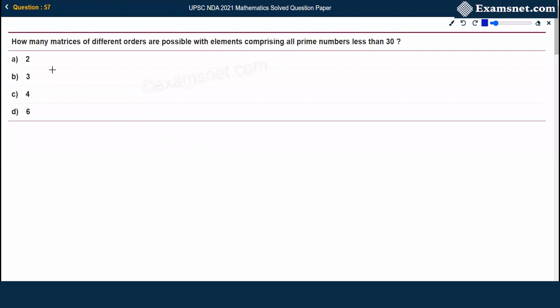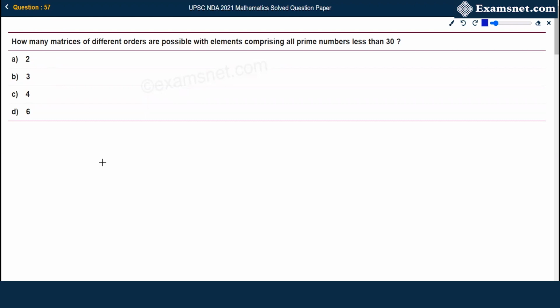In question number 57, it is given: how many matrices of different orders are possible with elements comprising all prime numbers less than 30? First let's talk of prime numbers. Prime numbers are those numbers which are divisible by 1 and the number itself.